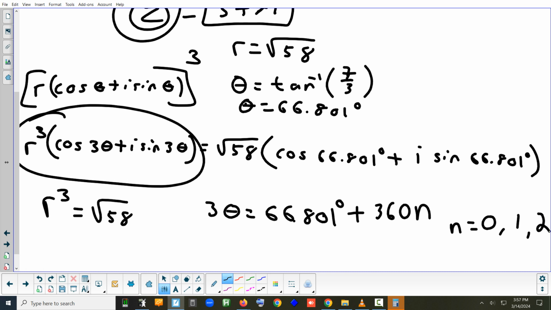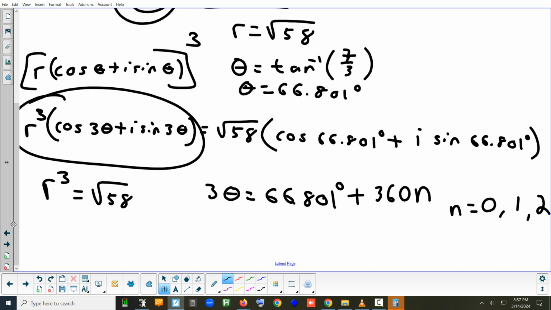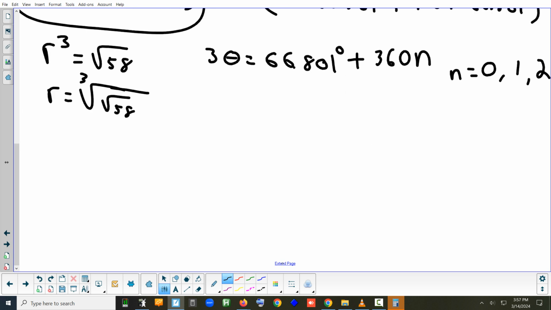All right. So now let's finish off solving for r. How would you get r by itself there? Cube root, you said? Yeah, so it's kind of messy. It's the cube root of the square root, which is the same as the sixth root.